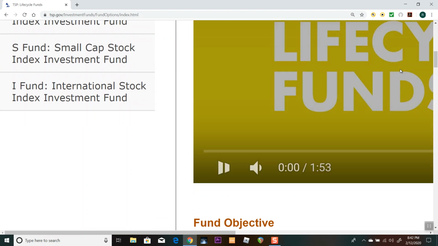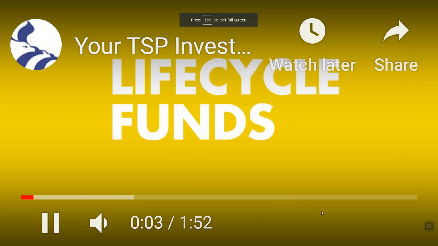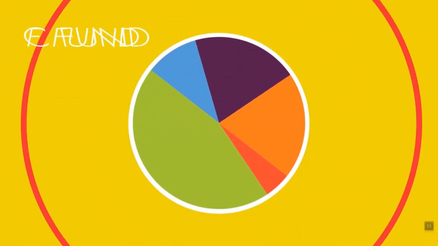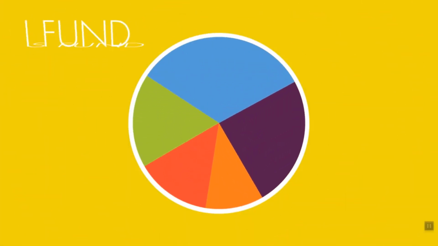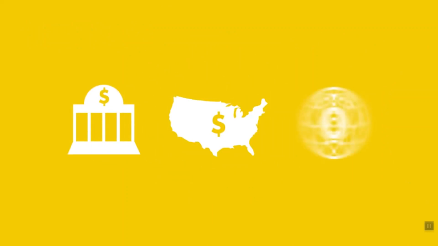Let's check it out. Your TSP investment options, the Lifecycle Funds. The TSP has a selection of individual and lifecycle funds that let you diversify your retirement savings. You can choose to invest your TSP dollars in everything from short-term U.S. Treasury securities to index funds comprised of domestic and international stocks.